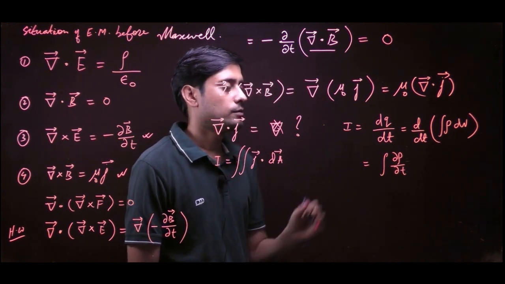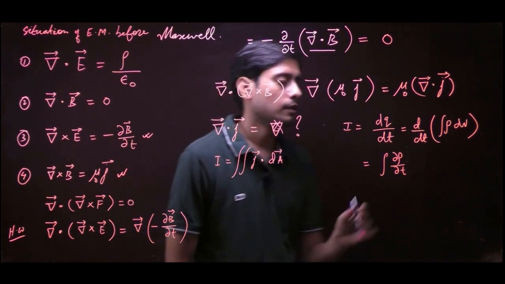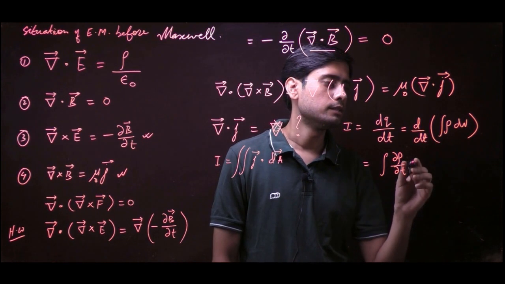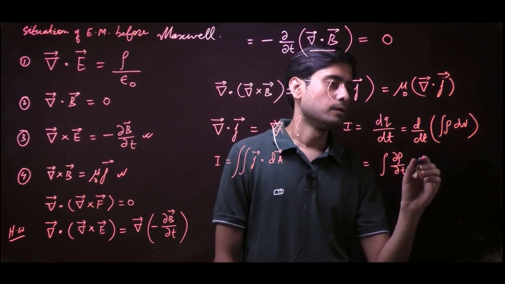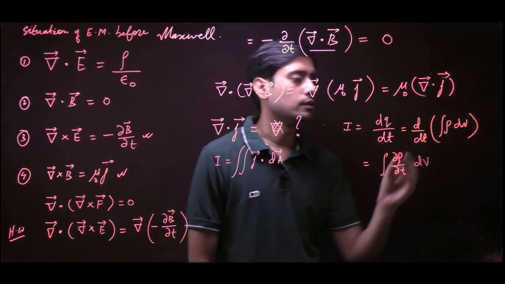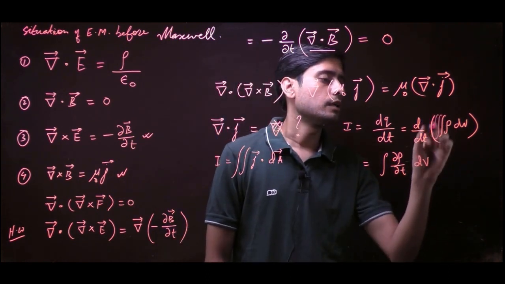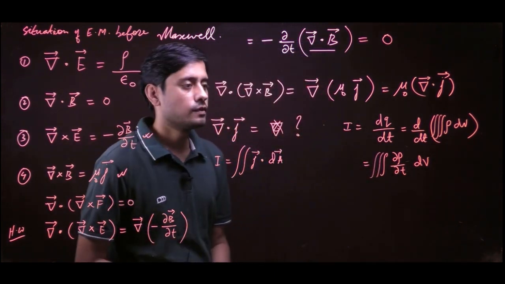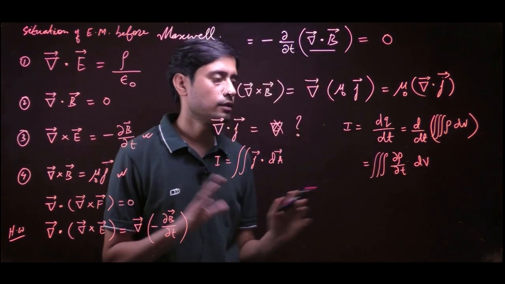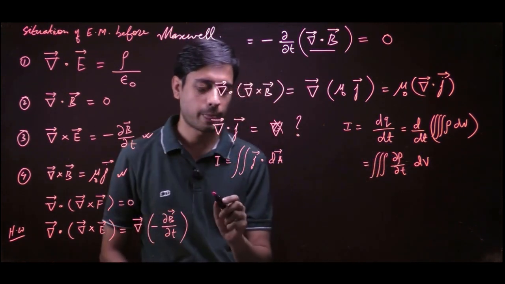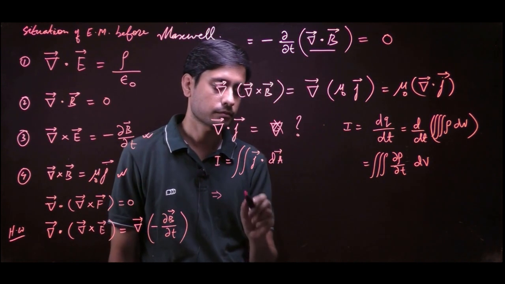We have to take the partial derivative, because it may be a function of x, y and z. It's an integration over volume, so you must write 3 integrals. So I calculated this in 2 ways, and now we can equate these 2 terms.